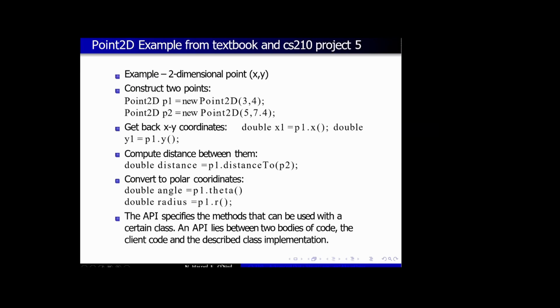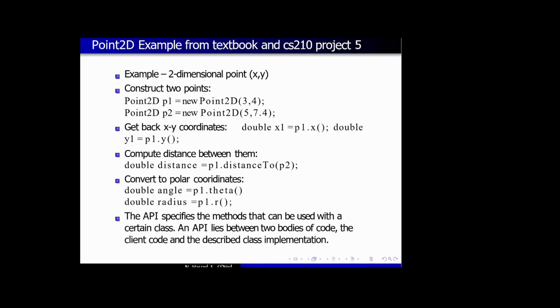Okay, so here is a class that you used last term if you were in CS210 in Project 5. You had a Point2D, or a two-dimensional point. So you could create a point at 3, 4 by saying p1 equals new Point2D of 3 and 4.